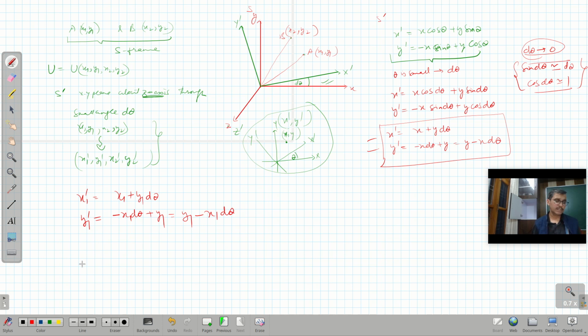And for the second point, it is represented by x2 prime. It is x2 plus y2 d theta, and similarly y2 prime is represented by minus x2 d theta plus y2, or it can also be written as y2 minus x2 d theta. So this is the transformation, meaning this is the relationship between these two points in the S and S prime frames.